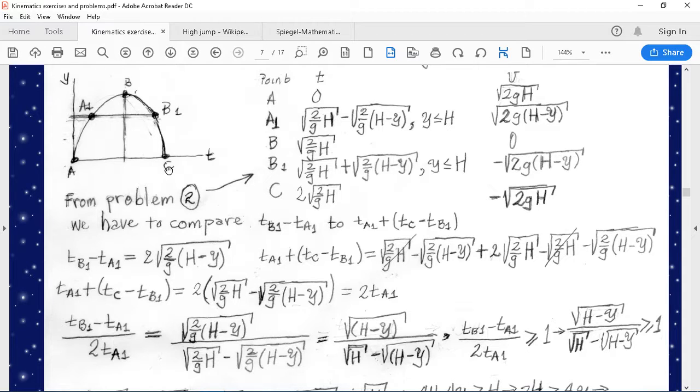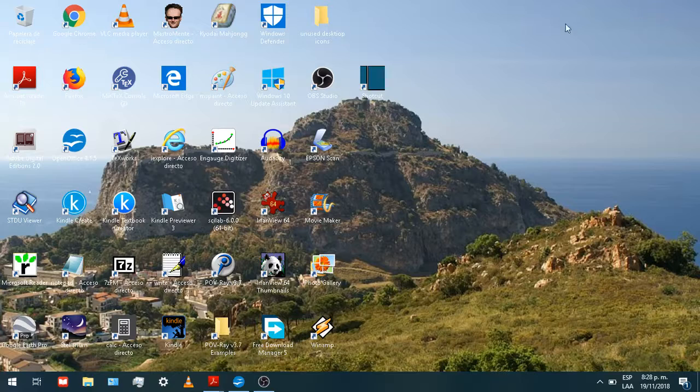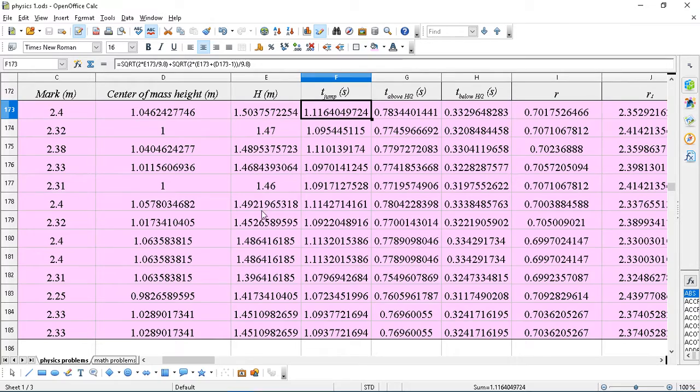C, which would be the landing point for the case of the jump, corresponds to the crash mat, and it is assumed that the crash mat is at a height of 1 meter.